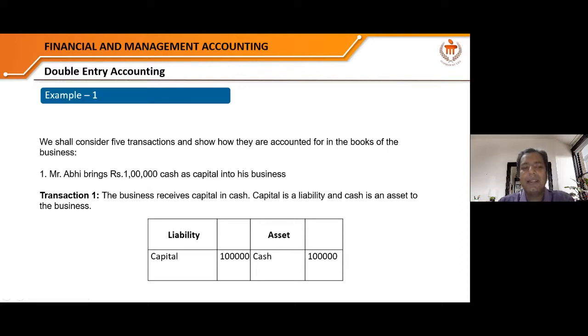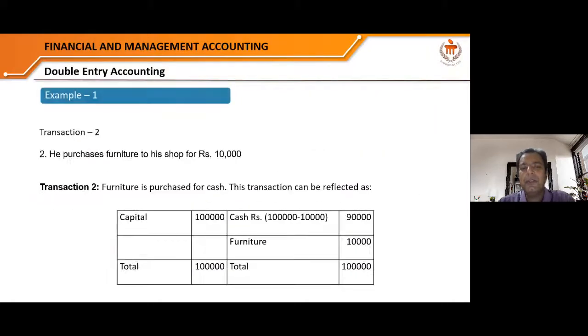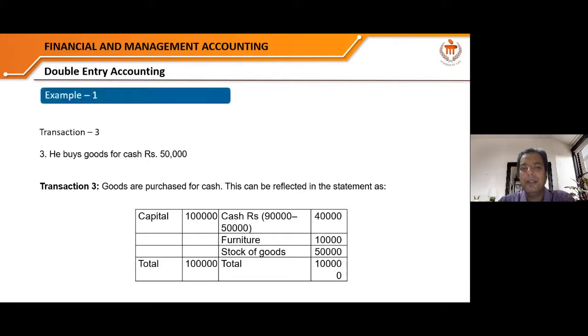We move next, and when we talk about purchase of furniture, this is how your balance sheet moves further. Your cash gets decreased by 90,000, your furniture gets added by 10,000, and your capital still remains the same. We move next. He buys goods for cash rupees 50,000. So 50,000 got reduced from cash, and stock of goods increased by 50,000.